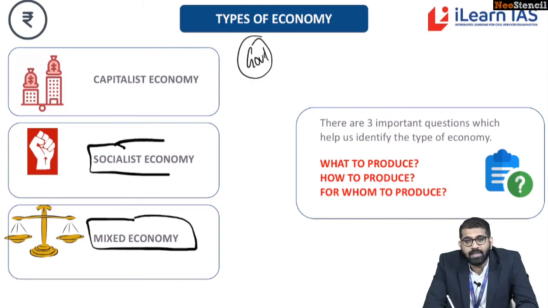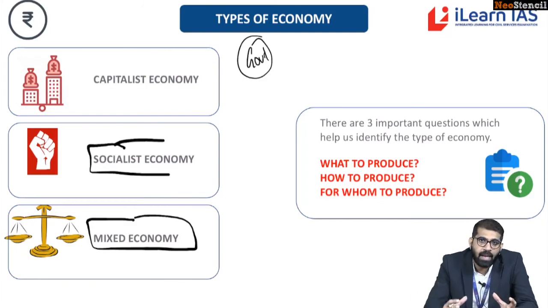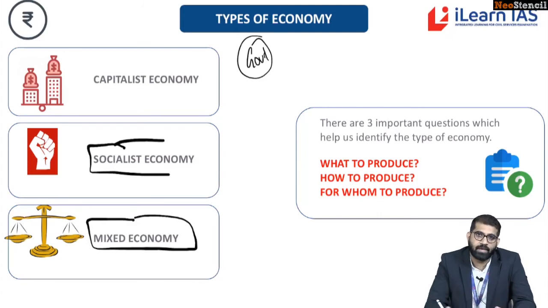According to Keynes, government should intervene in cases of slowdown in the economy. And what should they do? They should start bringing the economy and the demand in the economy back to the previous level. How do they do that?